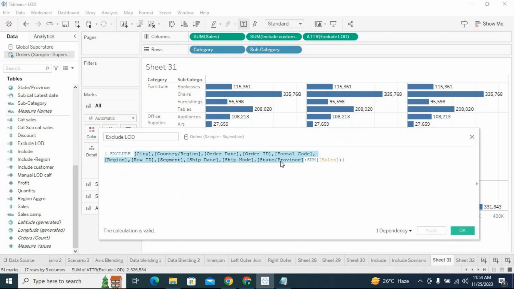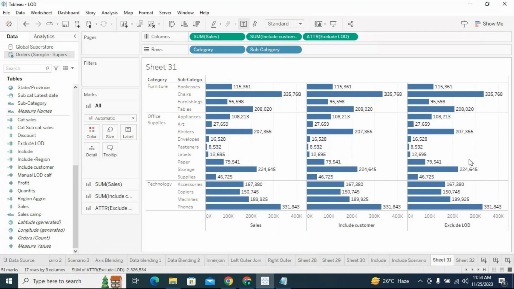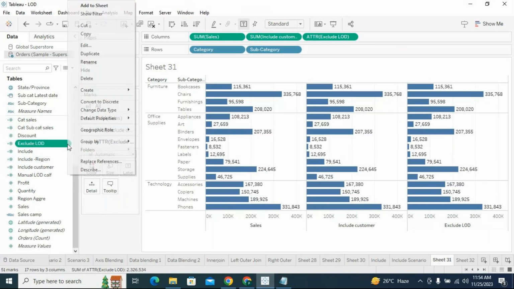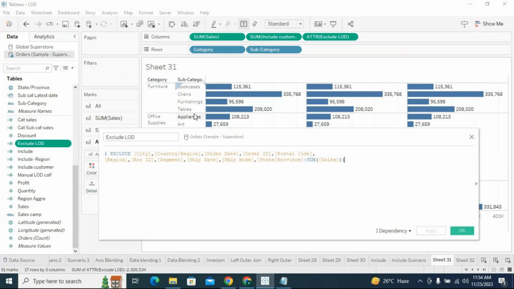So when I did not mention those dimensions, what happens? Obviously this is going to be executed at that level dimension. So similar to the include, it is getting executed. That's the reason this exclude is returning the same result. Got it? So this is the way we should understand the exclude LOD.